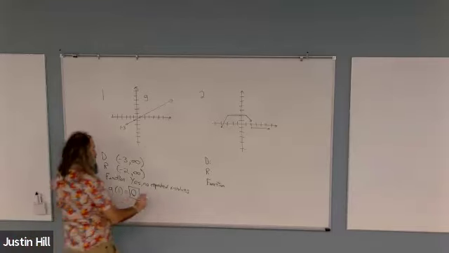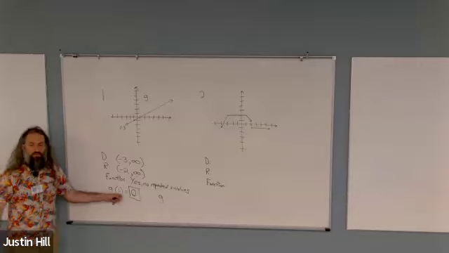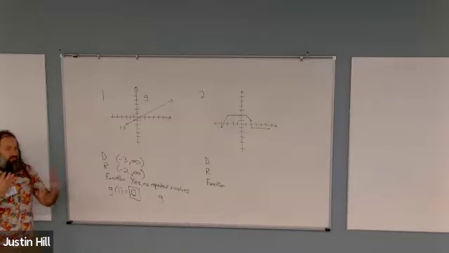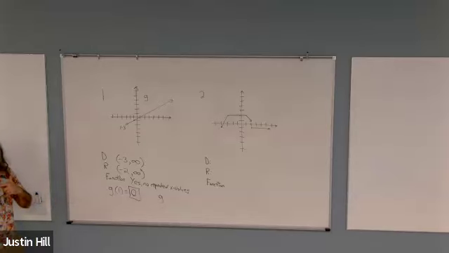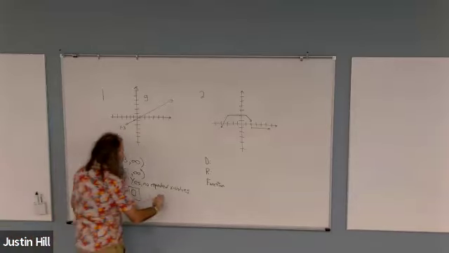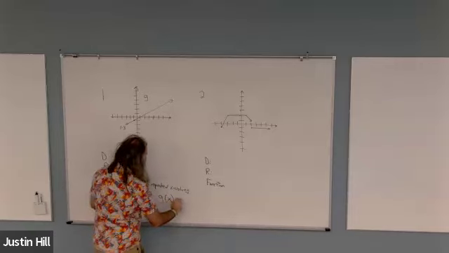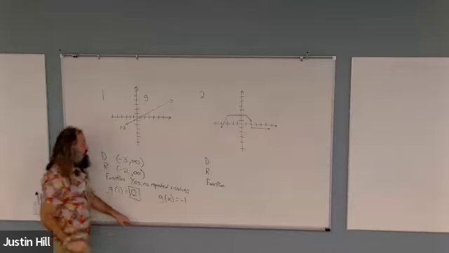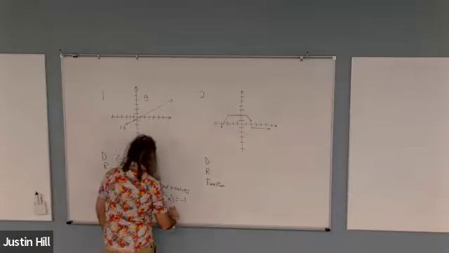So on this one, I gave you the x, you give me the y. Anything we do in mathematics, we can reverse the process. So I could do the reverse. I could give you the y and you tell me the x. The way they're gonna write that is G of x equals -1. They're giving me the y value. And then they're gonna ask you what the x value is.